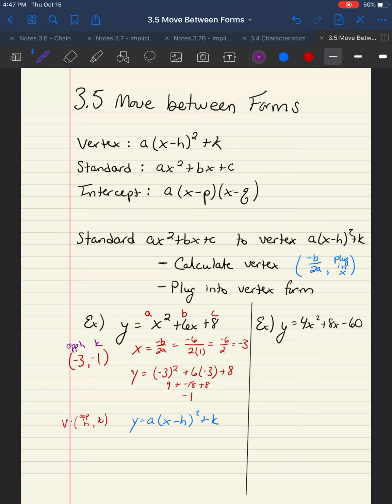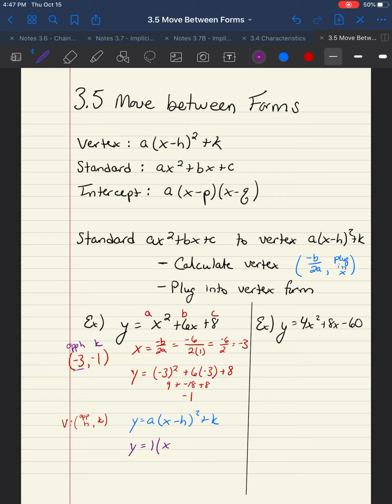So what I'm going to do is I'm going to take those values and I'm going to imagine them as the opposite of h, comma k. And I'm going to plug them back into what my formula should be.